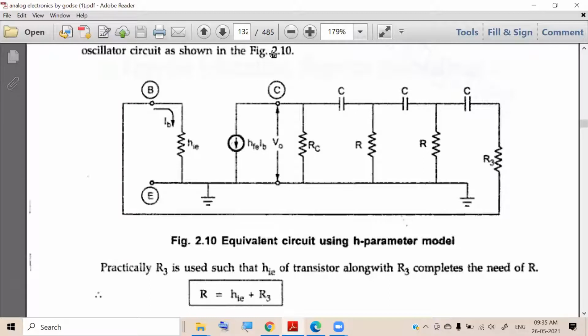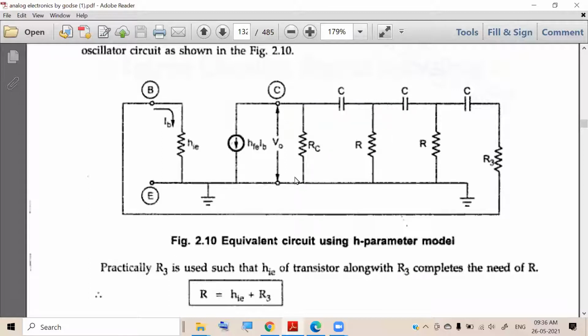The resistance value we will take as it is, RC. So when we do source transformation, in place of the current source in parallel with the resistance, we will have a voltage source in series with the resistance, the same RC.